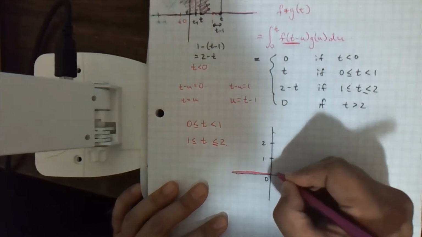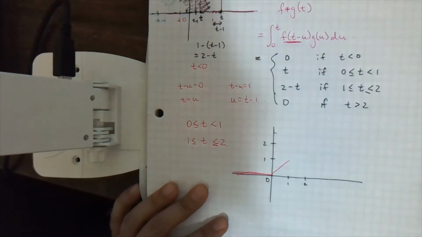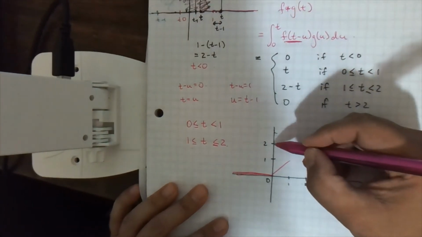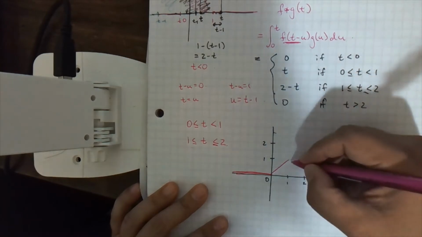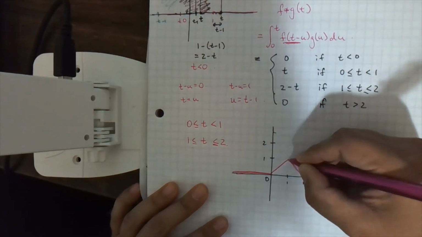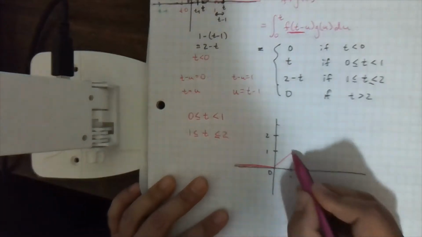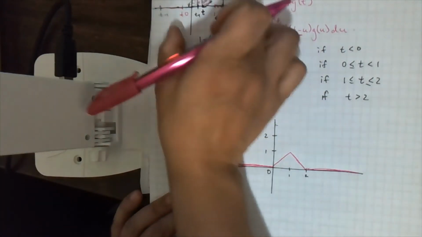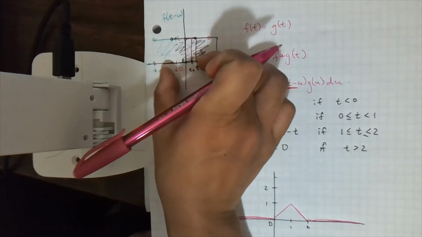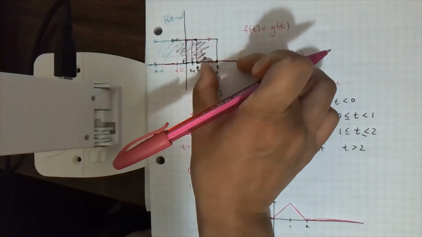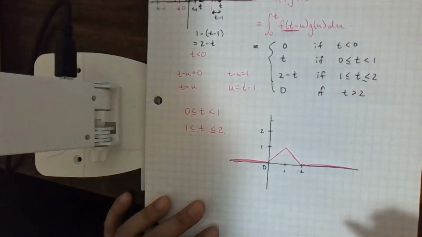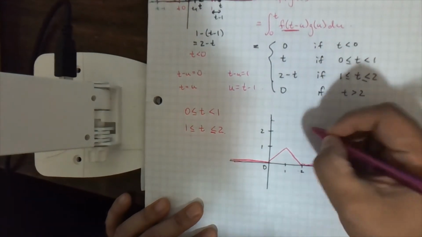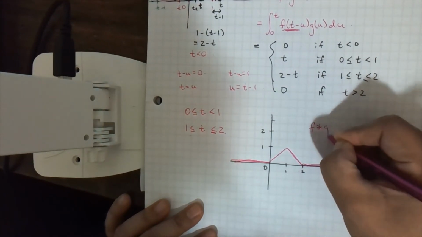We have t from 0 to 1. 2 minus t, so that would be y-intercept 2, slope negative 1. So what's going to happen is actually this. 2 minus t for t between 1 and 2, and then 0 here. And that makes sense, right? The overlap, the area gets bigger until it's 1, and then it gets smaller linearly. So we see this. This is f convolved with g.